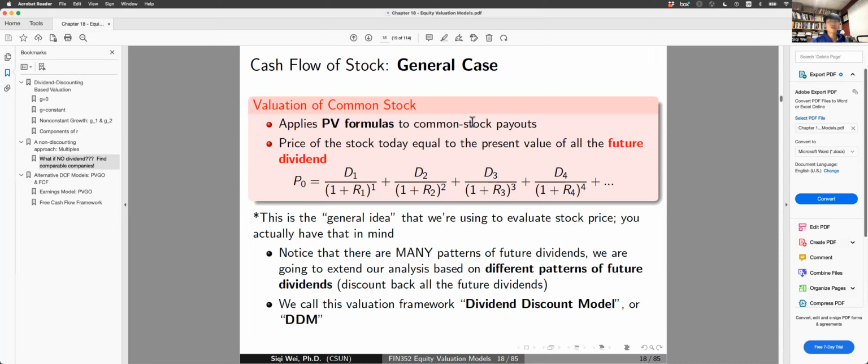So if you believe this assumption, we can argue the price of the stock is nothing more than the discounted value of future expected dividend payouts. Well, if that's the case, all you need to do is to discount back all the future expected dividends, right? The challenge is how can we find the dividend level?